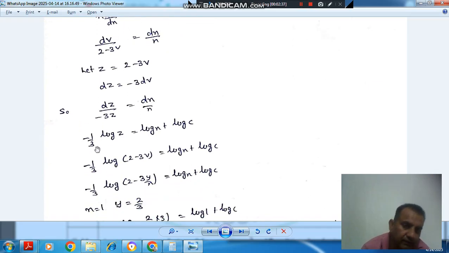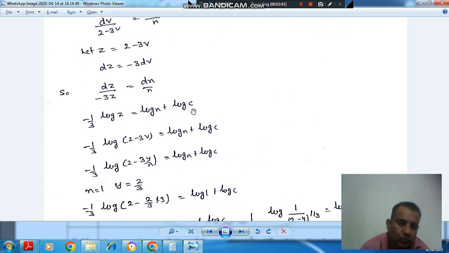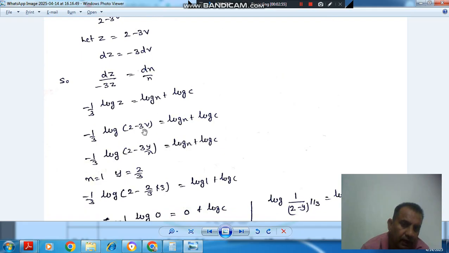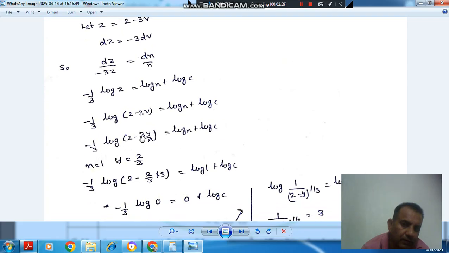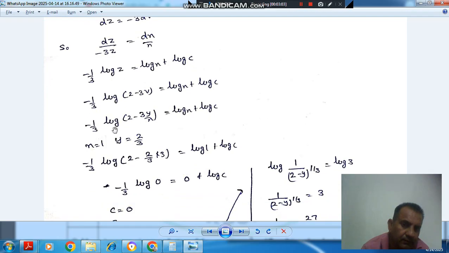Now if we integrate it, it will be -1/3 log z, and this will be log x plus log c, where c is the constant of integration. So it is -1/3 log of (2 - 3v), putting the z value, equal to log x plus log c, and v is y/x, so it will be -1/3 log (2 - 3y/x) = log x + log c.